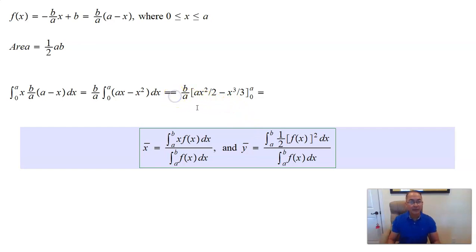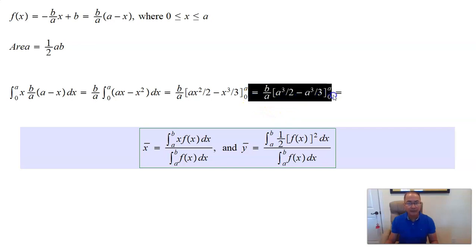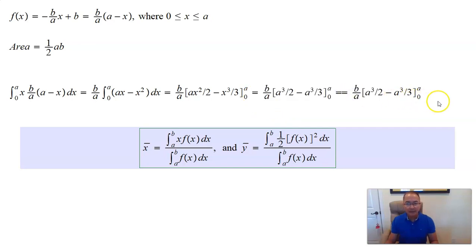Okay, so what have we got? 0 goes away, thank you. When x is a, we get a cubed over 2. Oh, interesting. A cubed over 2. And when x is a, we get a cubed over 3. Oh, wow. Okay. So there we go. And we have simplified.